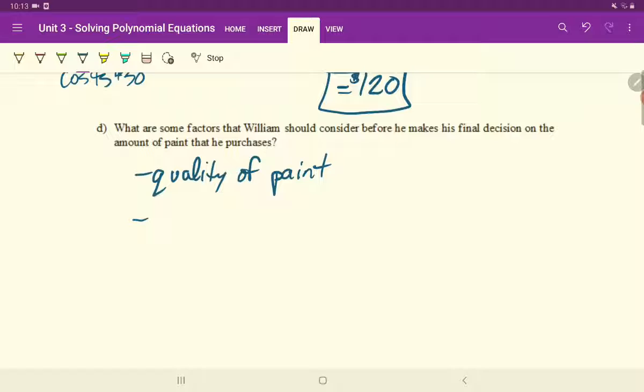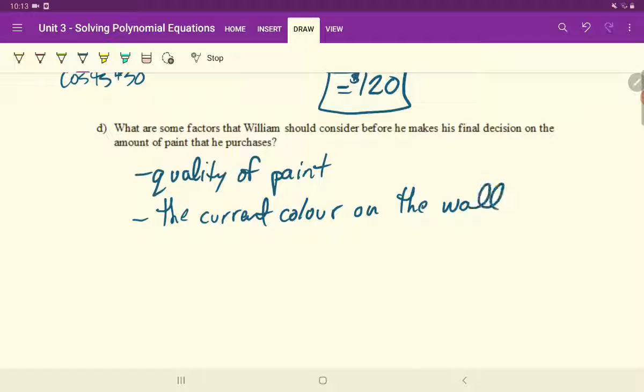Something else that you might need to consider, anybody who's done any painting, is the current color on the wall. So a deeper color will be harder to cover, right? So if you currently have a deep blue color on your walls and you wanted to paint your walls a very light color, you may need more than 2 coats in order to cover that deep colored layer.